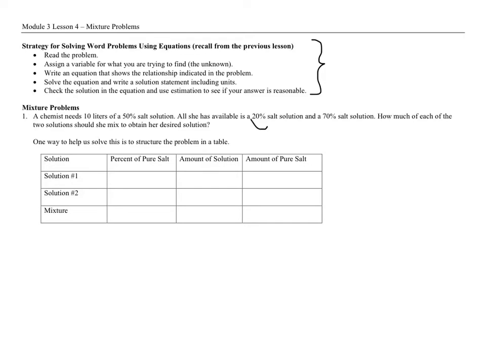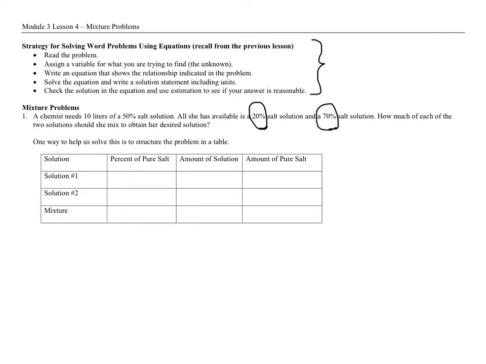Notice how 20% is less than what she needs, 70% is more than what she needs. So I'll be able to use those two together, not necessarily having the same amount of each, to make a 50% solution. So she wants to know how much she's going to need.